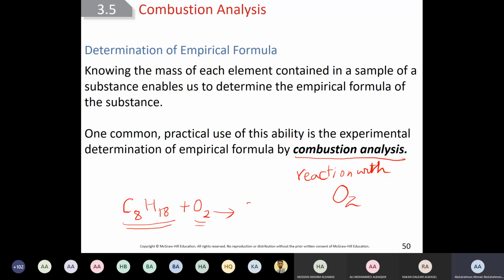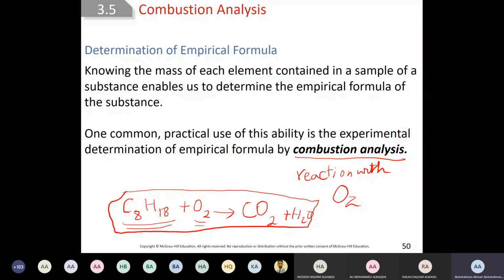CO2 plus H2O. That is the reaction of any organic compound, anything you burn that is an organic compound. That's the combustion reaction. You have to know this and keep it in your mind.